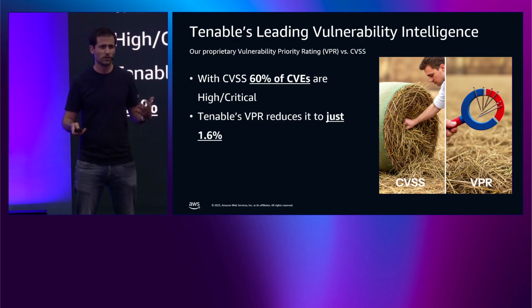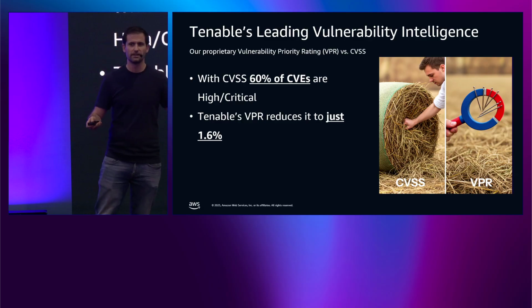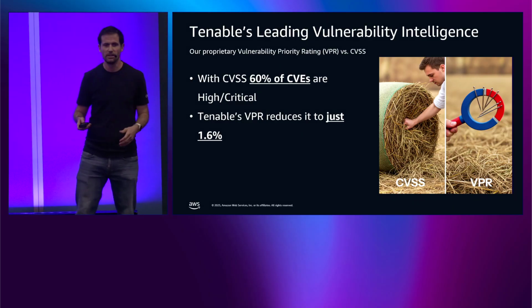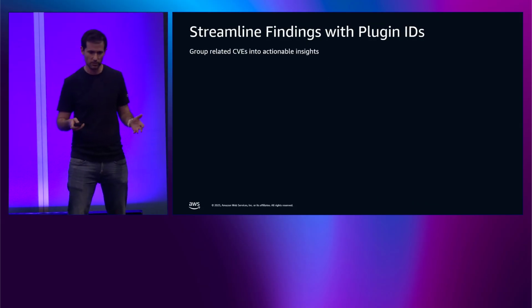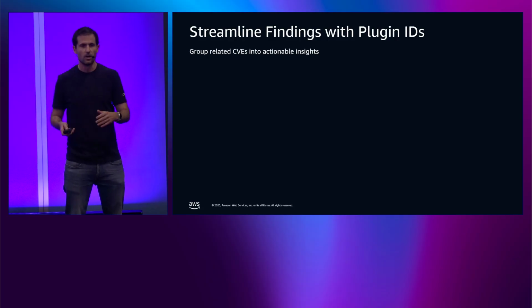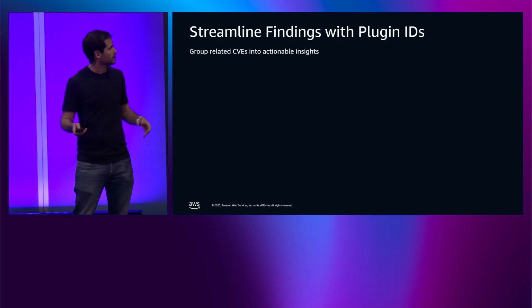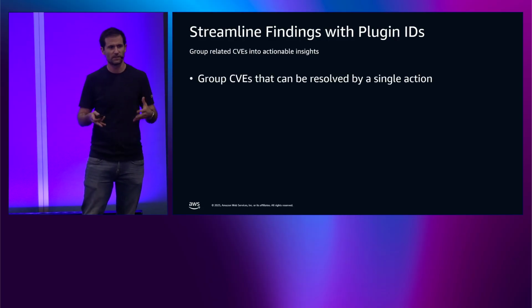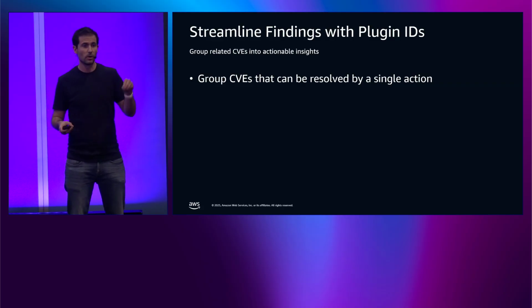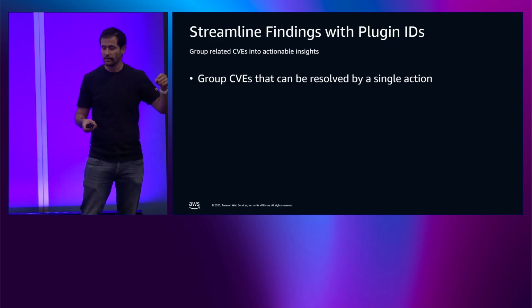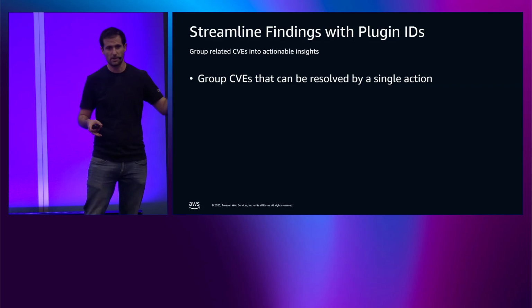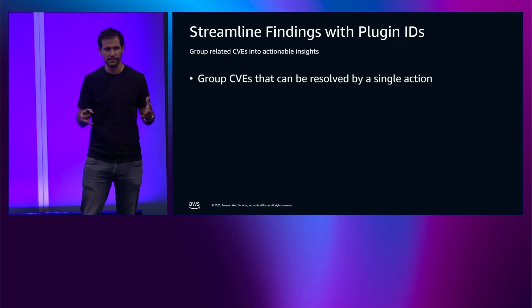On top of helping you prioritize, we also help you remediate efficiently with our plugin IDs. What's a plugin? A plugin is a grouping of CVEs where we tell you that with a single action, like a software update or a patch, you can solve multiple CVEs.